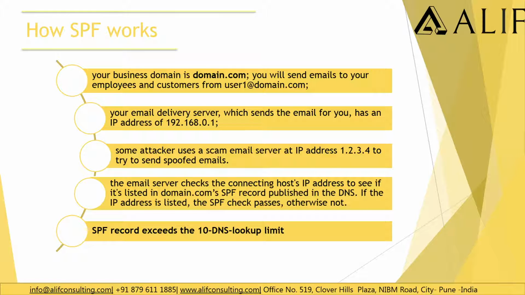So there it is, how SPF works. I've explained the entire functioning with an example: if your domain is domain.com and you send emails to your employees and customers from user1@domain.com, your customers would always check the SPF record for domain.com, and whether it has a valid IP address such as 192.168.0.1.